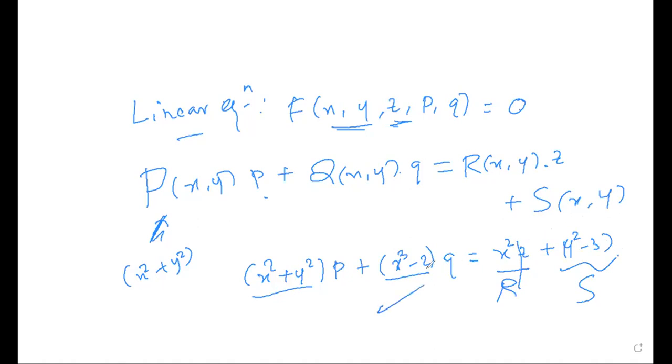So did you understand? This kind of equation we call linear. See, all the powers are 1, 1, 1, 1. There's no multiplication of z and the derivatives. So this kind of equation we call a linear equation. You can write this as a note first of all, before going to the semi-linear.